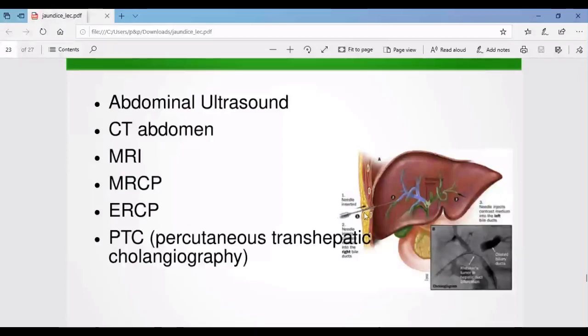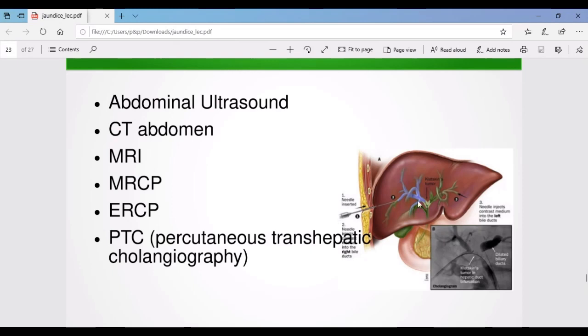We introduce the needle through the skin, between the ribs and the intercostal spaces, through the liver tissue, and under ultrasound guidance we inject it into one of the biliary radicals. Since they are dilated, we can easily introduce the needle inside one of them, and then we inject the dye to see the biliary radicals.